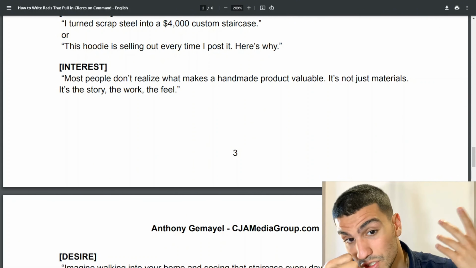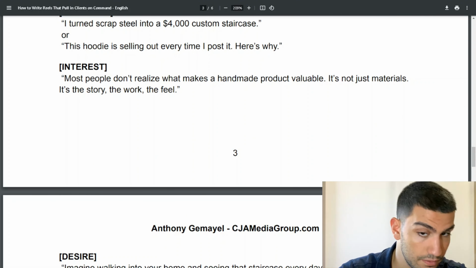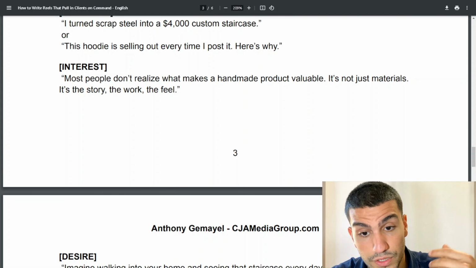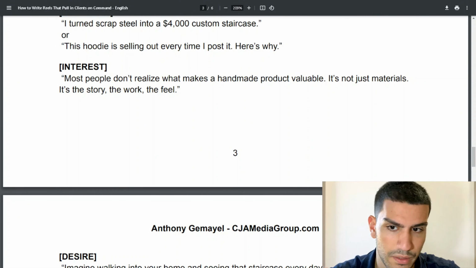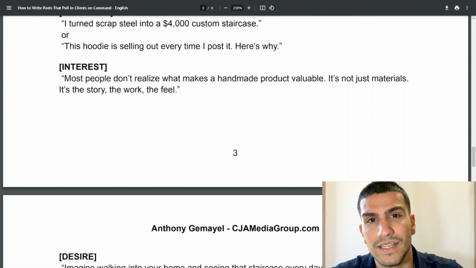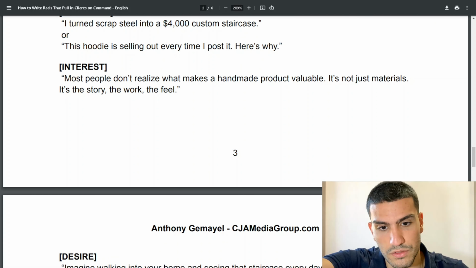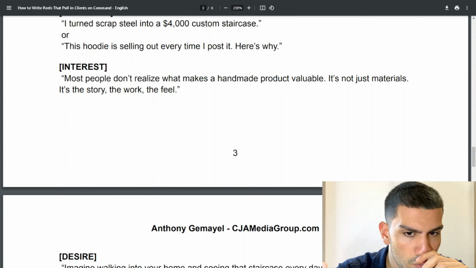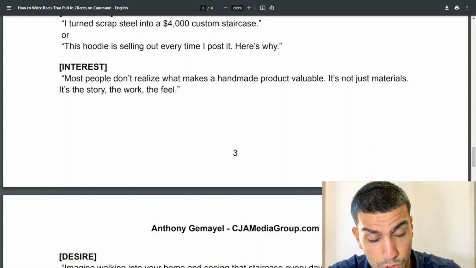It's not just materials, it's the story, it's the work, it's the feeling. Like, let's say in the attention part, you stated something about a handmade product, something absurd. Like, this tiny necklace costs thousands and thousands of dollars. They want to know why this tiny necklace is worth that much.